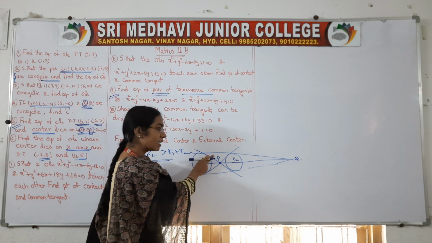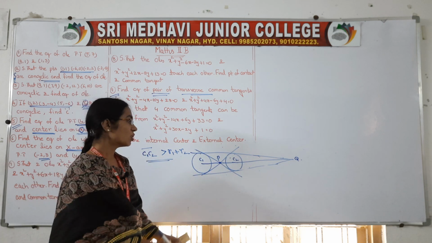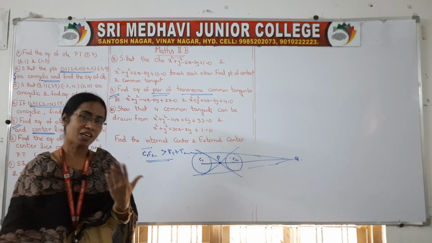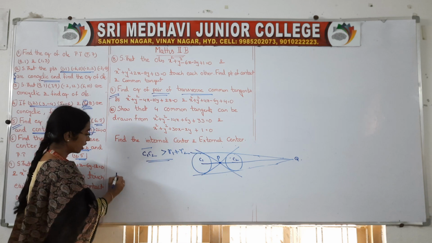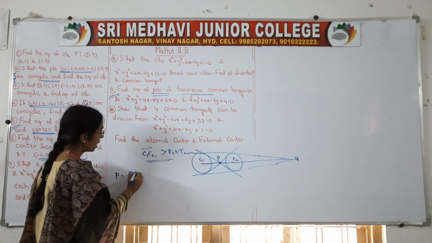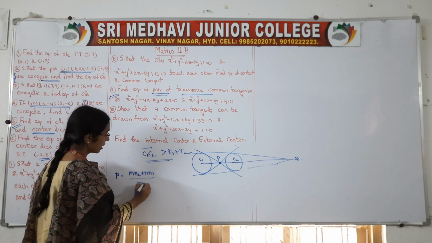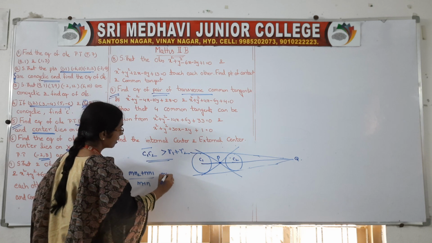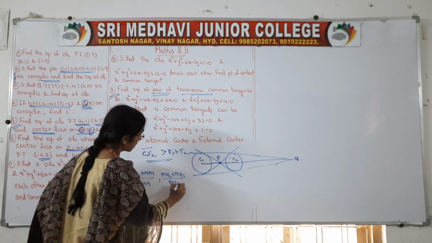This is called internal center. That Q is called external center. So you know internal bisection and external bisection, isn't it? Formula. So to get P, we have to take which formula? It is (mx2 plus nx1) by (m plus n) and (my2 plus ny1) by (m plus n).